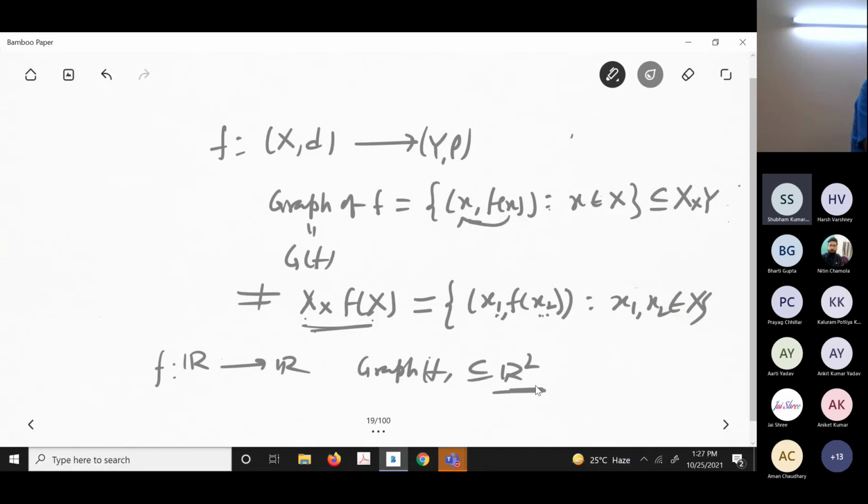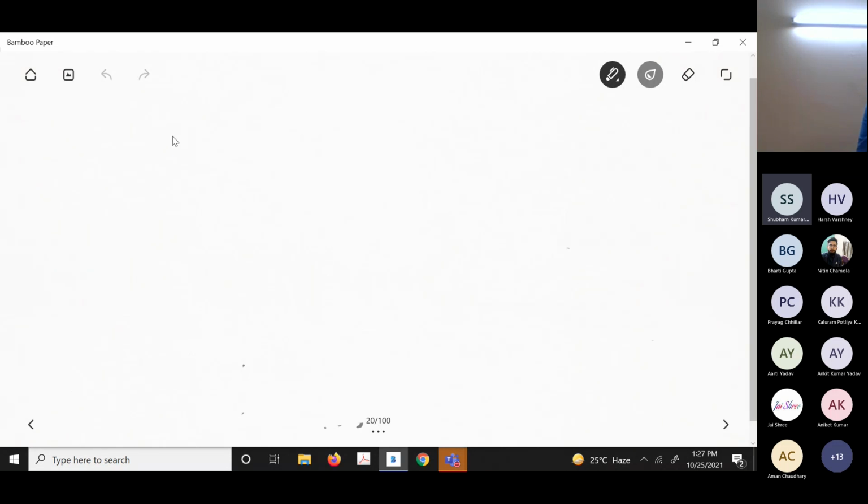How did that metric come? On R square, the metric was like this. I took the metric between (x1, y1) and (x2, y2), the usual distance metric that I am calling D. That was the square root of (x1 minus x2) square plus (y1 minus y2) square.